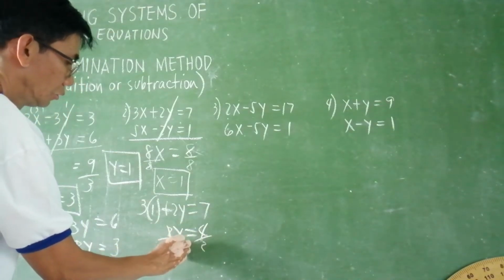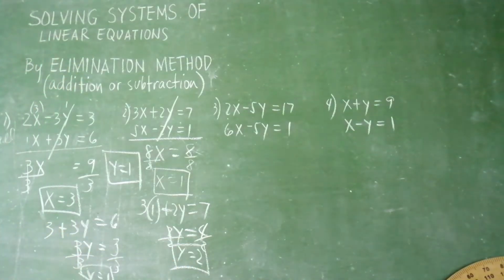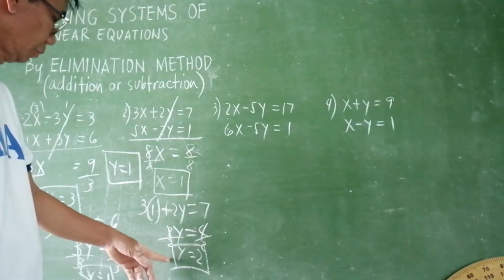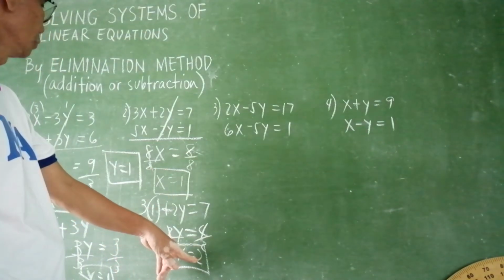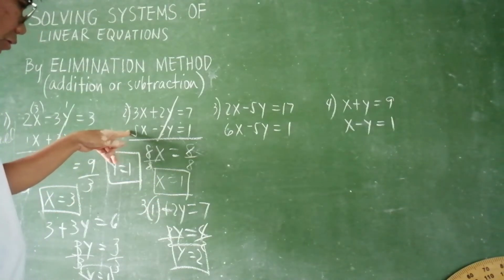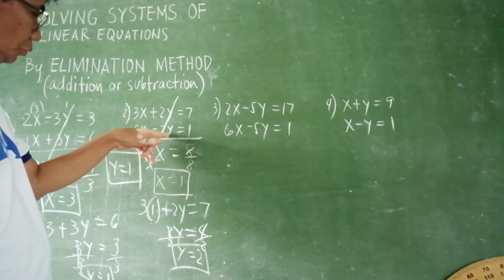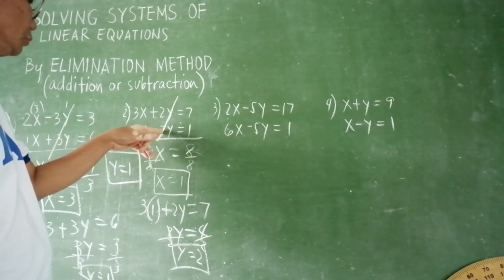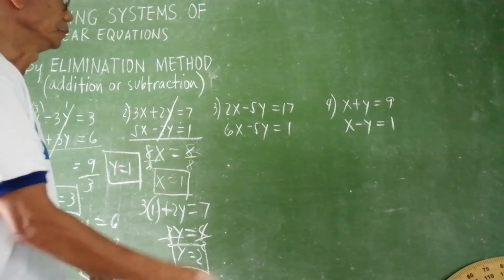So y will be equal to 2. So the two values of the variables are x equals 1 and y equals 2. You may check here. So when x is 1, that is 5, and y is 2, so 2 times 2 is 4, so 5 minus 4 is 1.